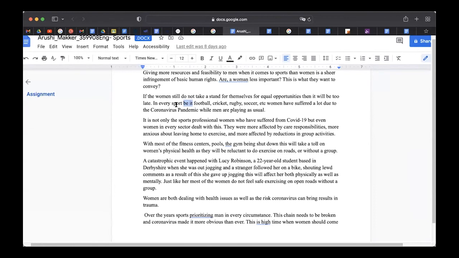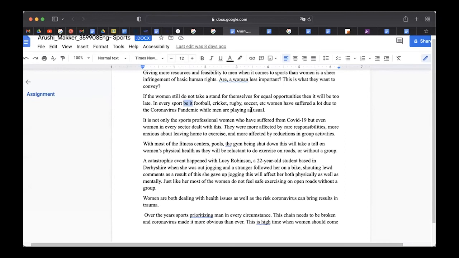In every sport, i.e. football, cricket, rugby, soccer, in all these, it's taking it back. It's not an example. You're not saying in every sport, for example, in this. No. In every sport, that is in football, in cricket, in rugby, in soccer, etc., women have suffered.